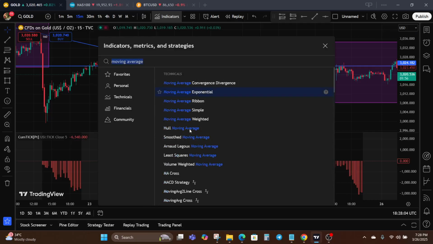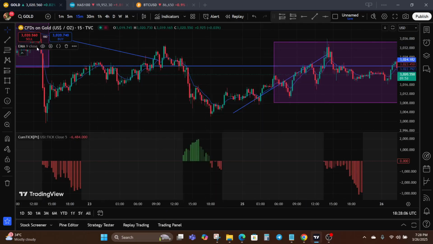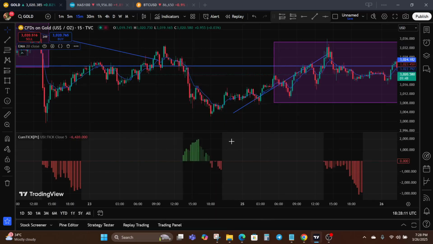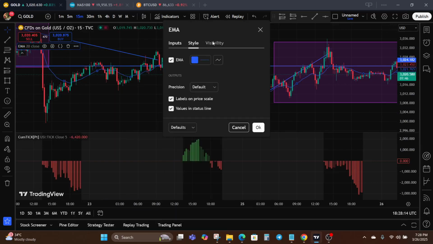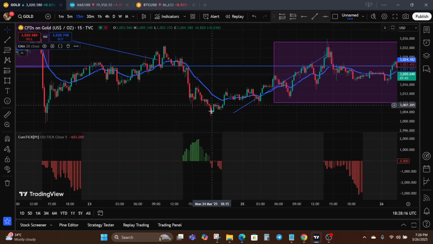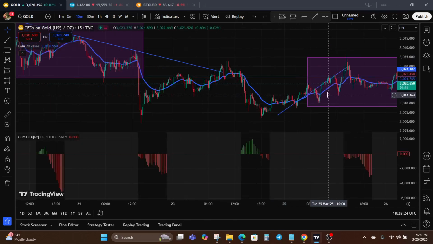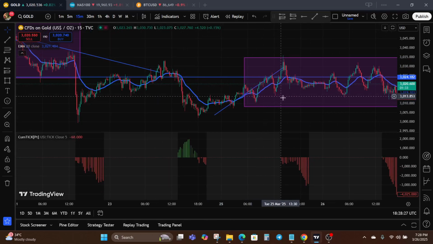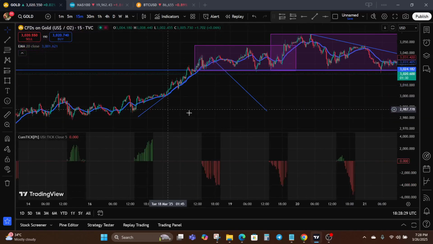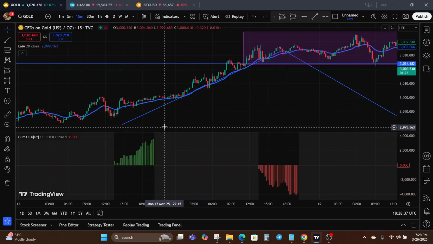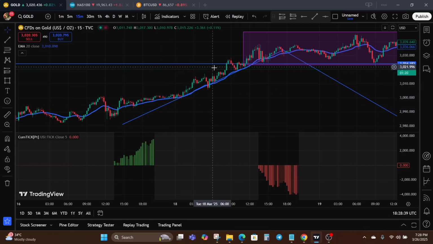Okay, so now, for example, you have price cross above your moving average, and then it happens that the cumulative tick is positive, right? This can serve as a strong confirmation of the uptrend.